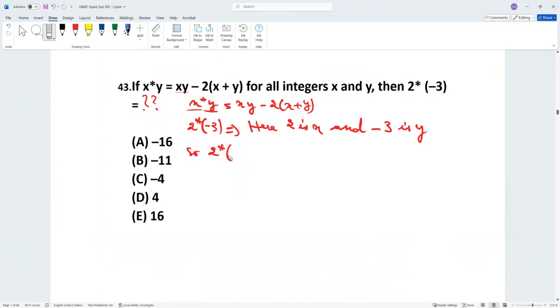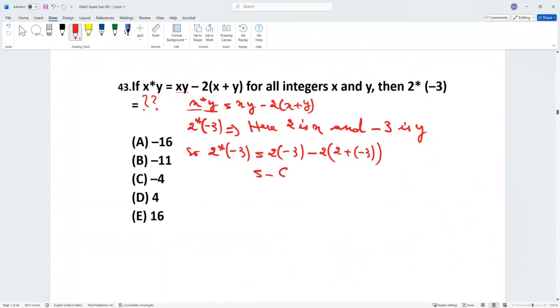So this is minus 3, which is equal to 2 minus 3, minus 2 factor of 2 plus minus 3, like this.